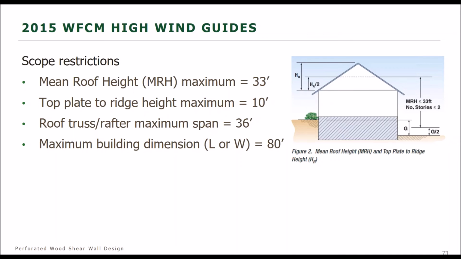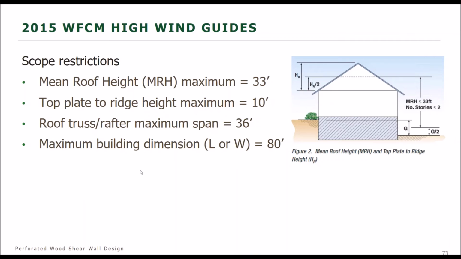These are very prescriptive in nature, so you'll see they're based on the WFCM, so you'll see the same provisions with respect to limits on the size of the structure, the mean roof height, and the maximum building dimension in plan. In addition, you're going to see some additional restrictions. The top plate to ridge height is going to be limited to 10 feet.